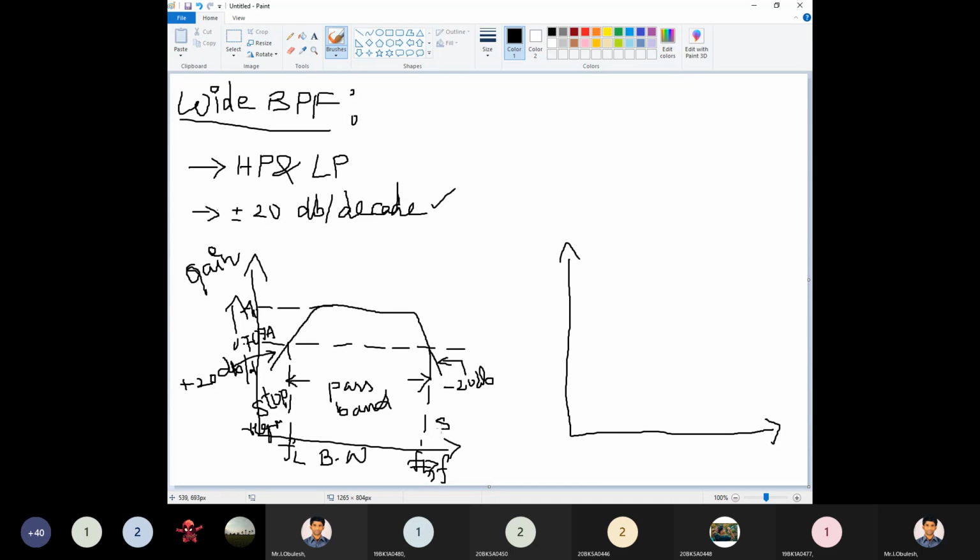This is also called stop band. Only signals between this region will be allowed into your circuit. So this is the 3 dB decaying.